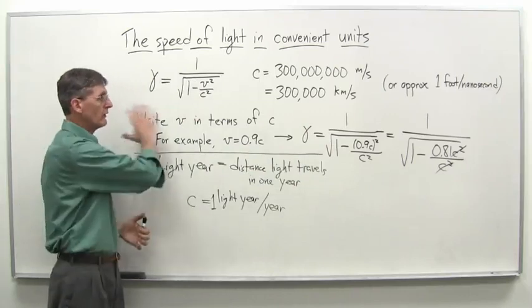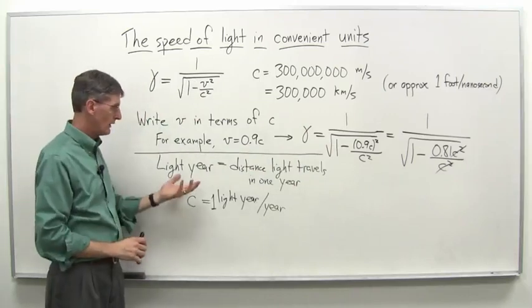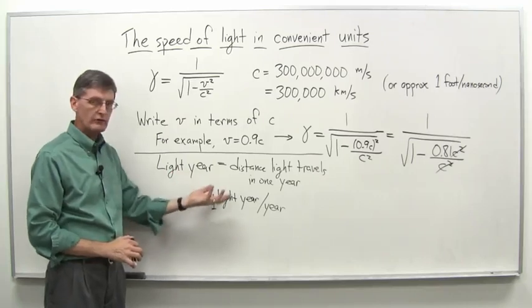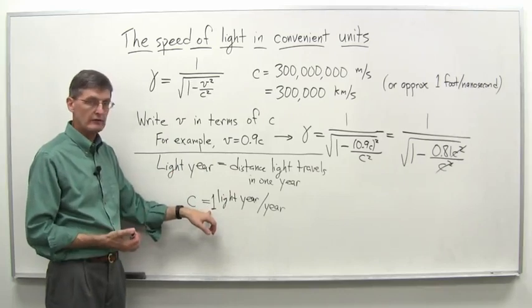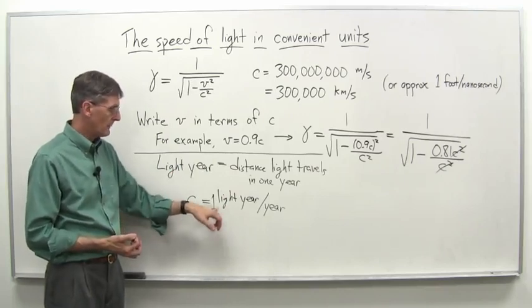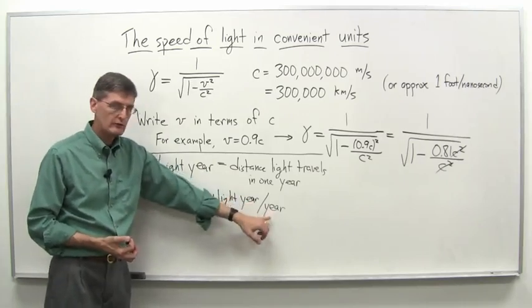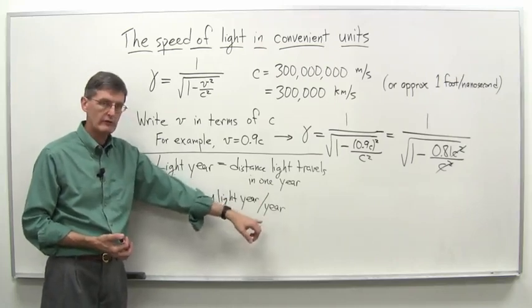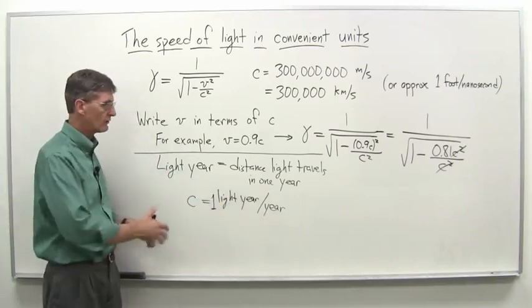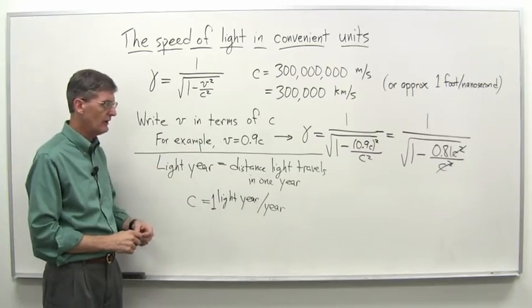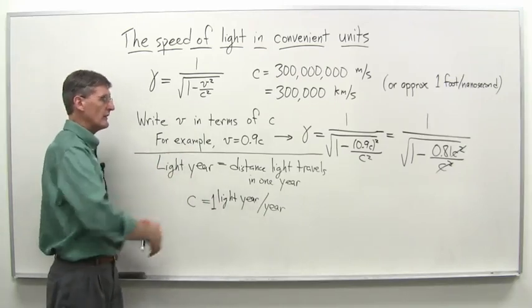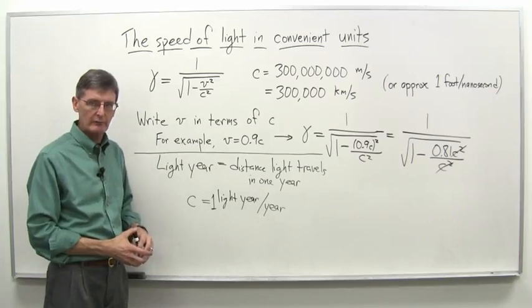And if we say, okay, our distances are going to be in light years, then our velocity is light years per year, and c is just 1 light year per year. So if you use light years, then time is going to be in years. If you use light seconds, then your time is in seconds, and so on and so forth. So long as you're consistent with that, and it's pretty easy to keep track of it, then it makes some of the quantitative analysis and calculations a little bit easier for us.